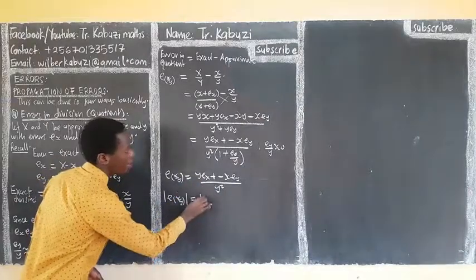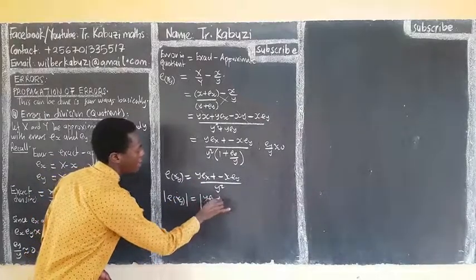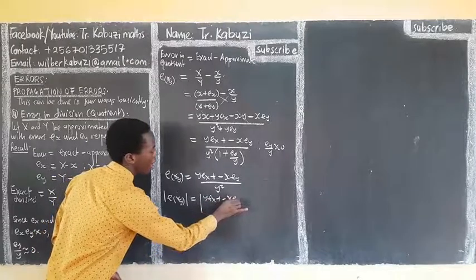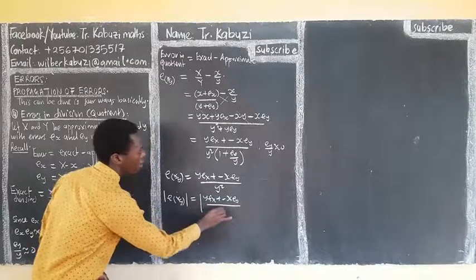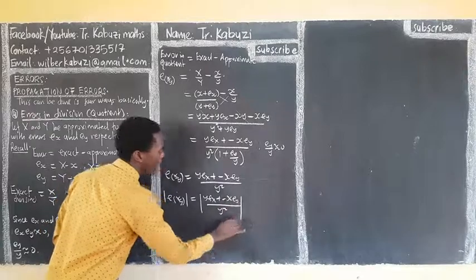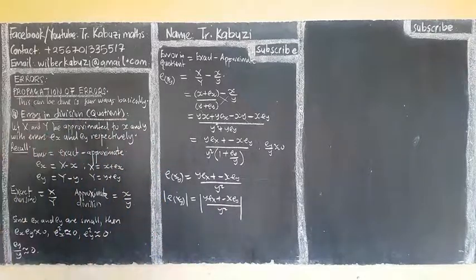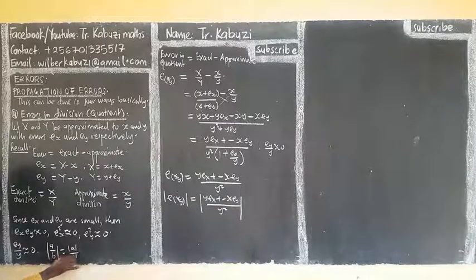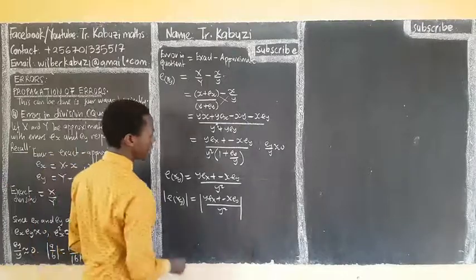This will be the same as y ex plus negative x ey, the whole over y squared. But note the properties of modulus. We say if you have modulus of a over b, this will be modulus of a over modulus of b. So now we are free to separate this.